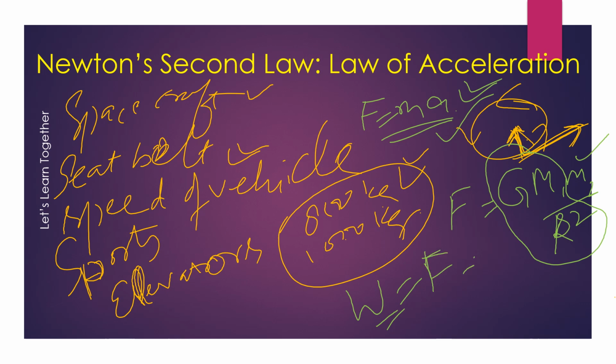So that would be F into S, where S is the distance traveled by the object, and this is the force. Force is ma, right? So this work-energy equivalence is also one of the applications, one of the derivatives of this second law of motion, right? So this is all about the first and second law of motion.